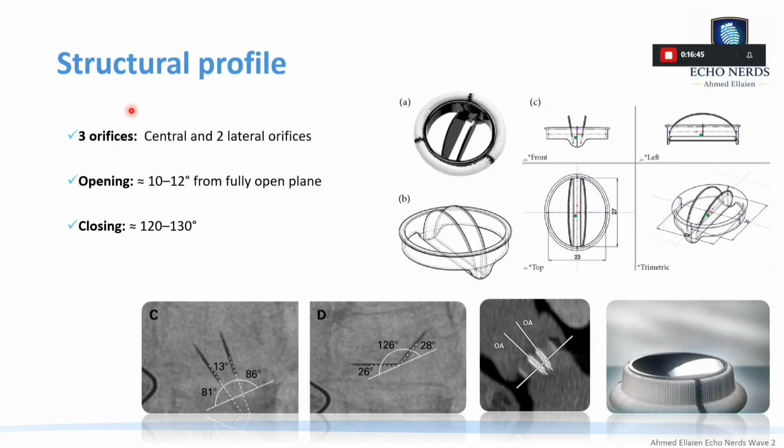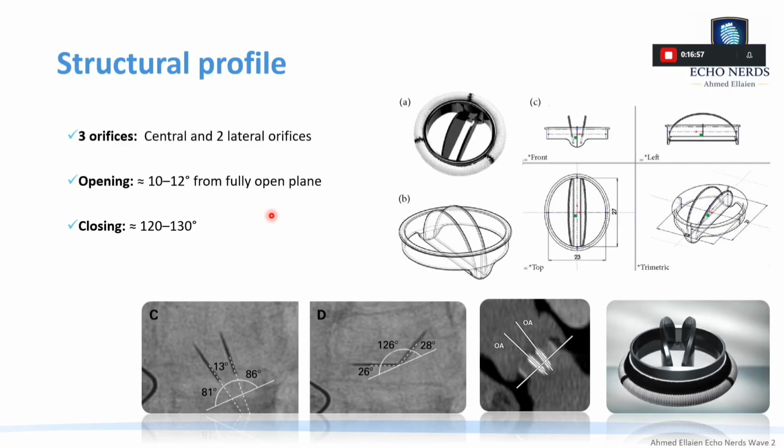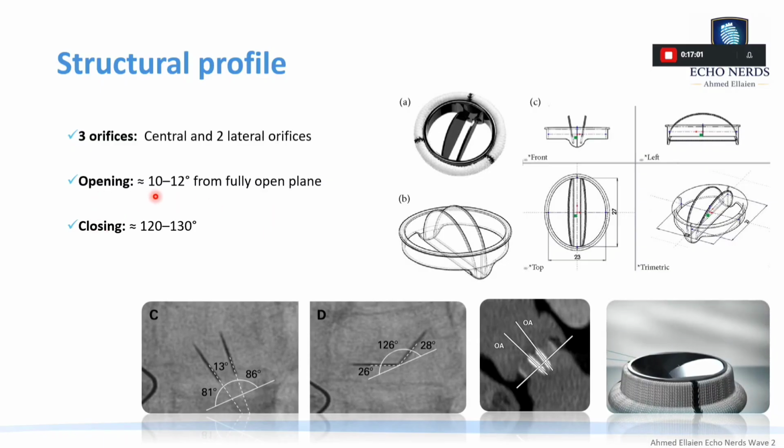Here in this slide, we can appreciate the structural profile of this valve, and take care, this structural profile is very important. You have to know the exact angles of opening and closing in order to appreciate the abnormality. You have to know the normal position and the normal movement of the leaflets.